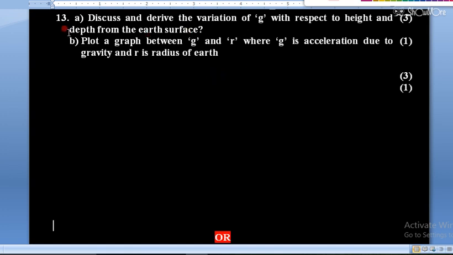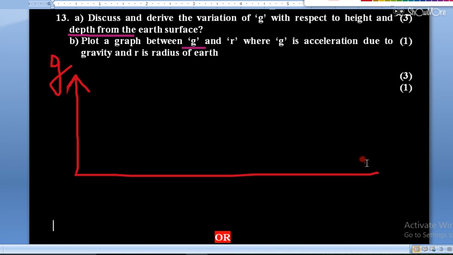After that, inside the earth gravitational g is directly proportional to small r. So when you have to plot the graph between acceleration due to gravity g versus r, where r is the distance from the center, let's suppose this point is capital R, so here r is equal to the radius of earth.